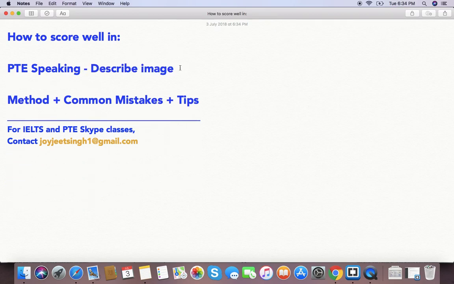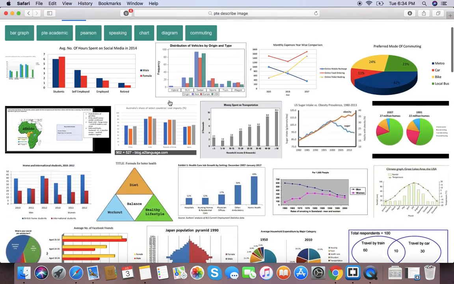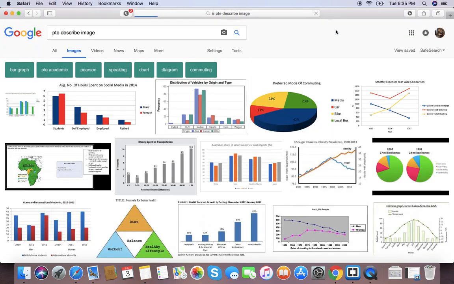To understand what could be covered in an image, just go to Google and look for PTE Describe Image. Here you will see a lot of examples which illustrate the kind of questions that you might be getting in your exam.